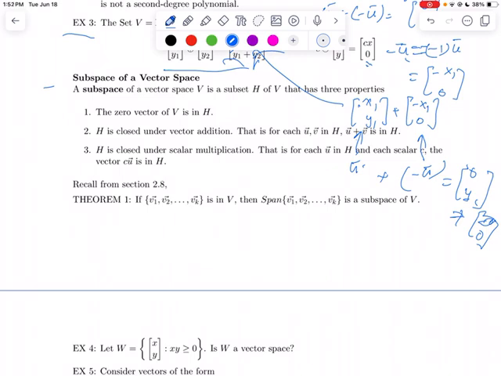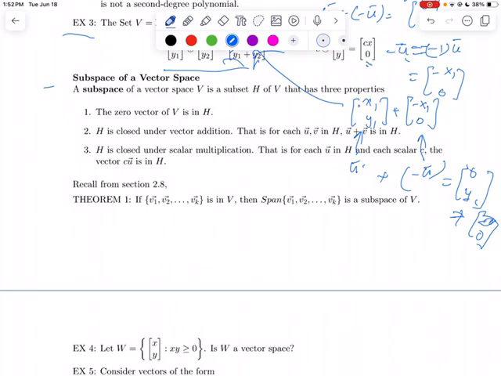Okay, so the next thing is subspaces of a vector space. Now this is something we already learned or went over in section 2.8, so you can read the definition if you want, but it was very simple.